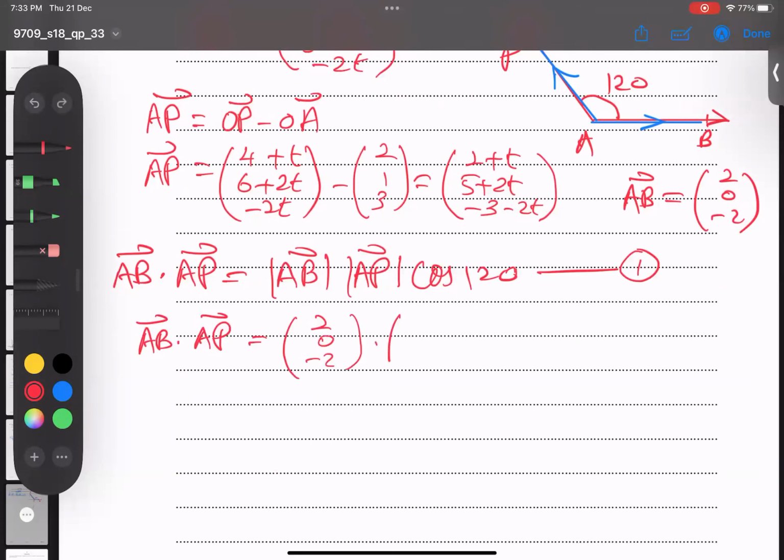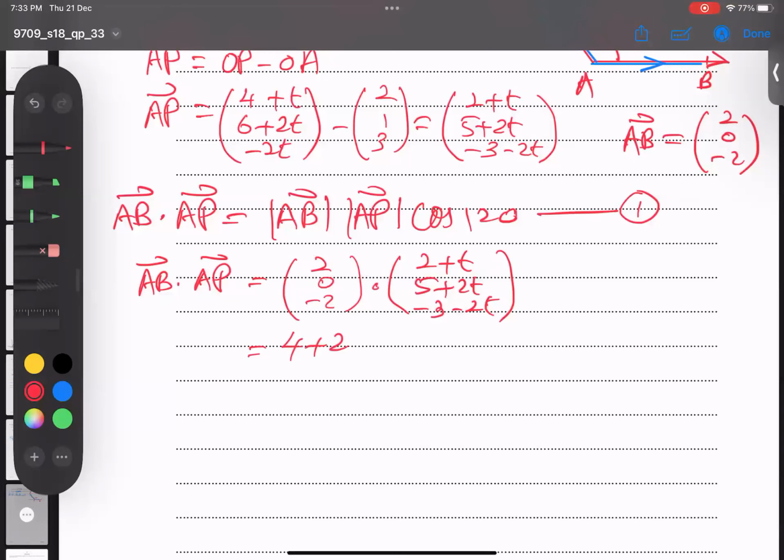This is AP, so 2 plus T, 5 plus 2T, negative 3 minus 2T. This is a really lengthy working. Anyway, 2 multiplied with that, because in the dot product, what is the basic criterion? I with I. So 4 plus 2T. J with J, so we got a 0. K with K, we got plus 6 and plus 4T. So this is my answer: 6 plus 4 is 10, so I got 10 and this 6T. Alhamdulillah, my one job is over, so the left job is done.